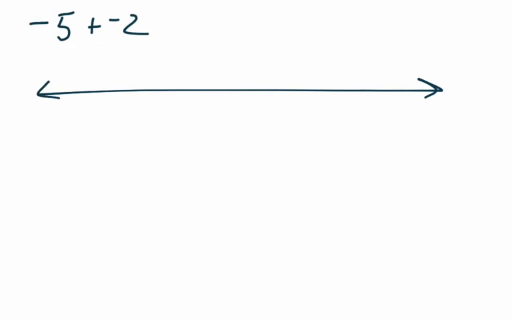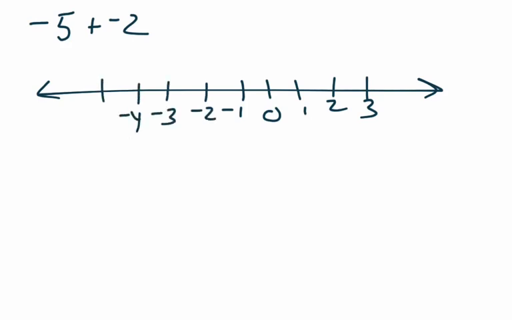I'll do a couple more, but hopefully you get the idea. We'll do -5 plus -2. So this is adding two negative numbers. We could do a couple over in the positive direction, but you probably get the feeling we're not going to need those.